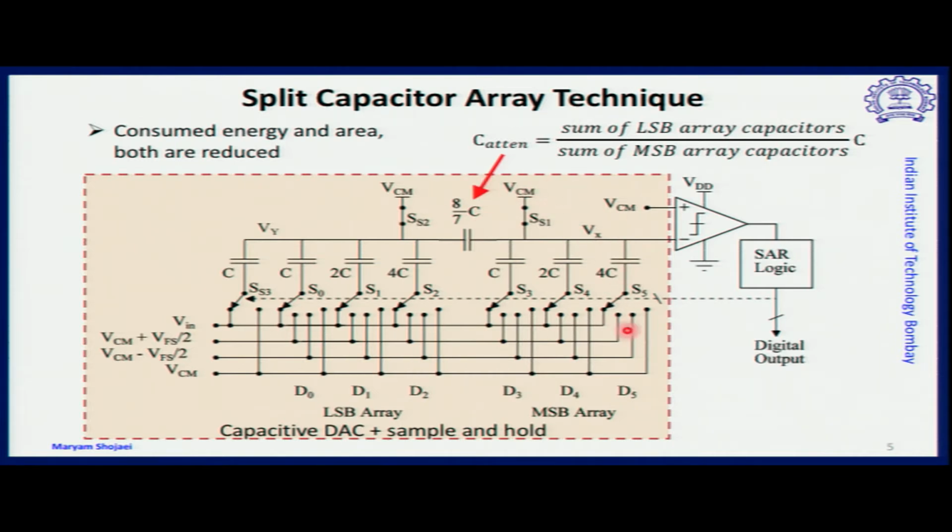The arrangement shown in this slide is mainly with respect to single supply switching, and therefore the comparator is also shown as a single supply comparator. So the positive input terminal of the comparator needs to be connected to the common mode level, not to the ground level or zero level.